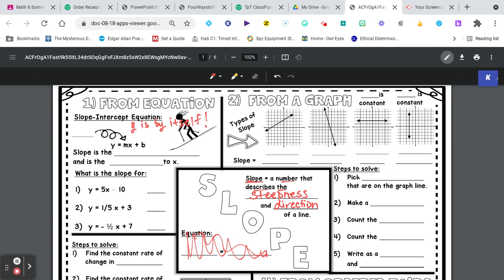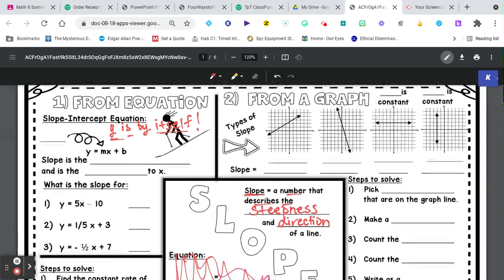But you should realize that you will have equations that don't have y by itself, and you'll have to solve for y in order to get the slope. But we're not going to do that in summer school since we only have one day to cover this topic. Yours will already be in slope-intercept form, which means y will already be by itself.